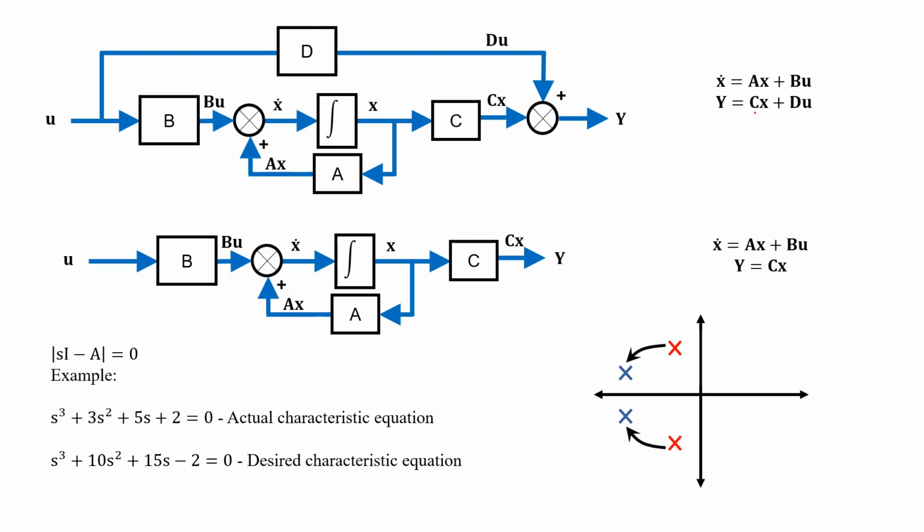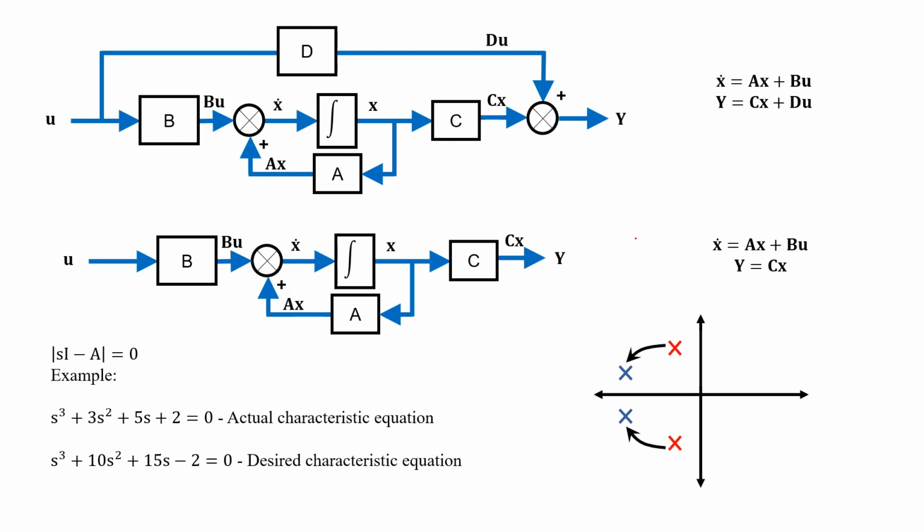Similarly, y is equal to Cx plus Du. In x we have multiplied matrix C to get Cx, plus Du from this path. So y is equal to Cx plus Du, as written in this equation. So this is the state space representation of a system.